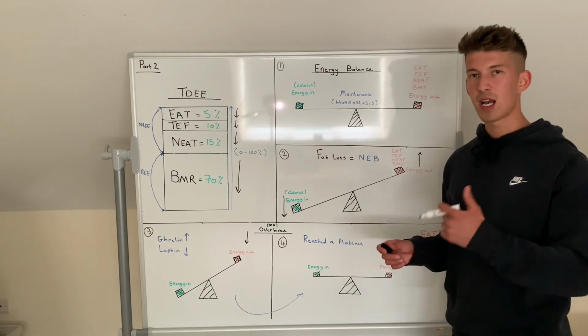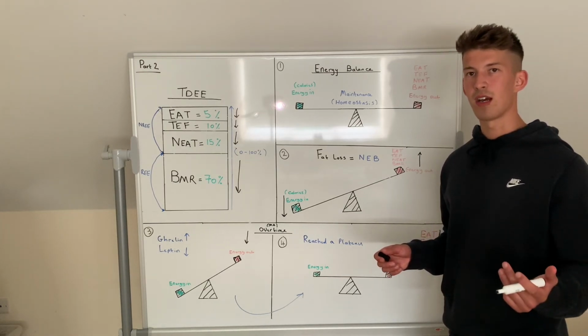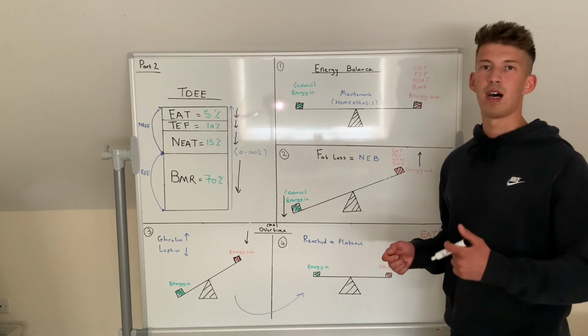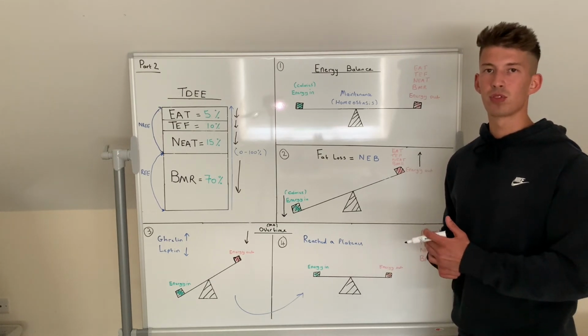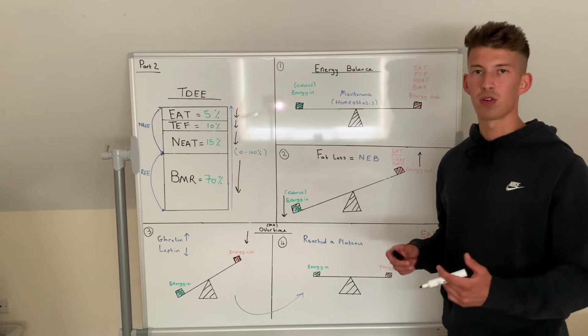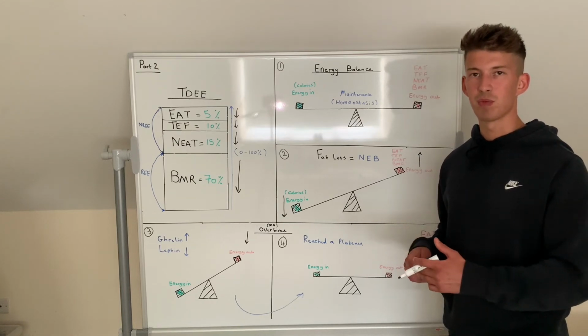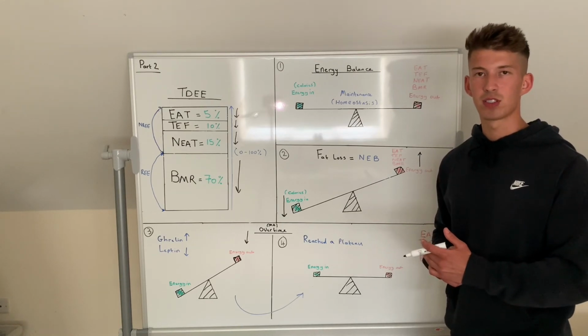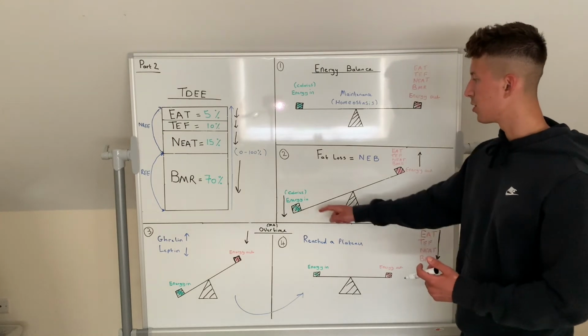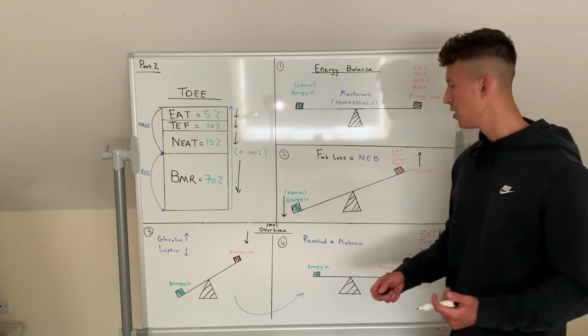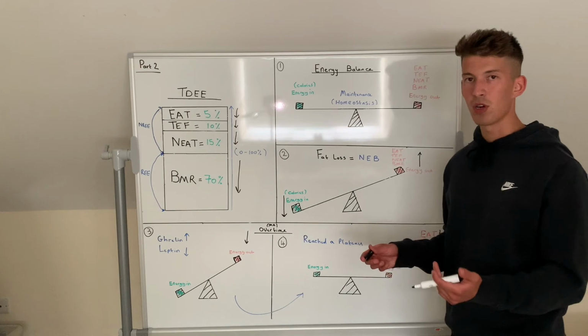Also, the less calories you are on, the harder it is to get a higher protein intake. And thirdly, it also means that your training sessions just aren't going to be as fueled. You're just generally not going to have as much energy to carry out the sessions effectively.